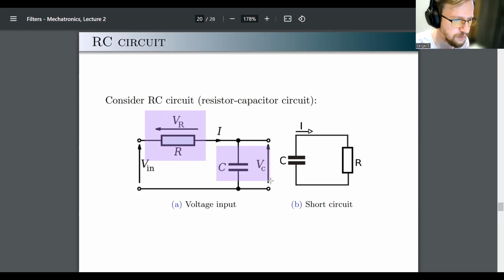Here is a capacitor, and again, the voltage across the capacitor can be measured by putting your multimeter connectors left and right of the capacitor. Here is the input voltage. So this is the simplest RC circuit.